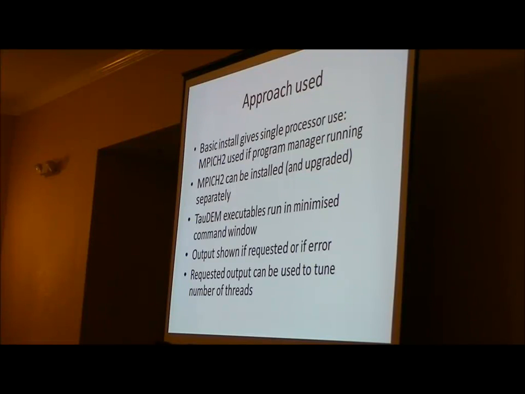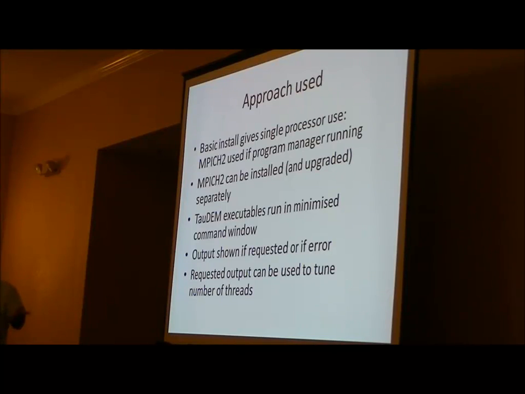The other advantage is that if you want improved performance, or want to deal with much larger files, you can install MPI, and then MapWindow will discover that the MPI process manager is running and will use it. If it doesn't discover it running, it says okay, not there, and doesn't use it.